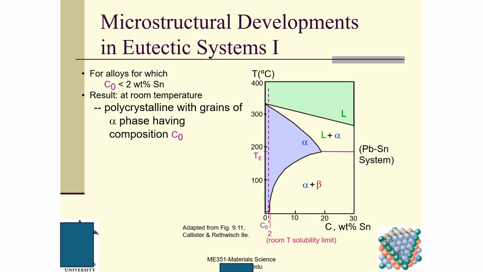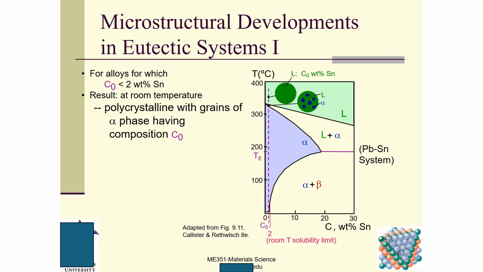You have this liquid and then it goes to alpha. This is a liquid, and then at this point some dark dots appear. We should not call them circles; they are irregular, so we call them dots.